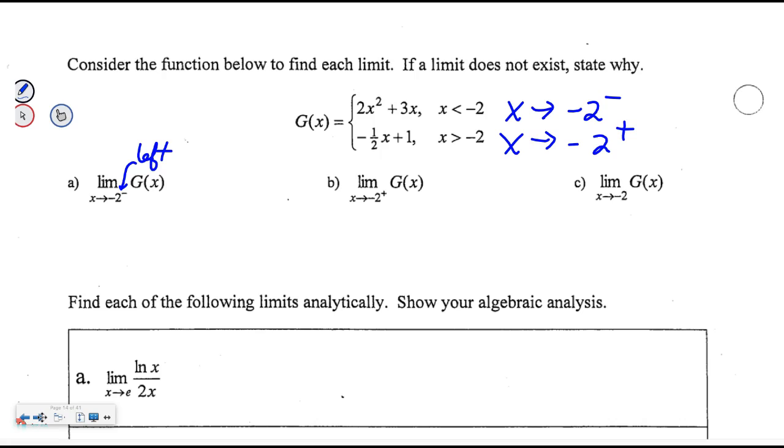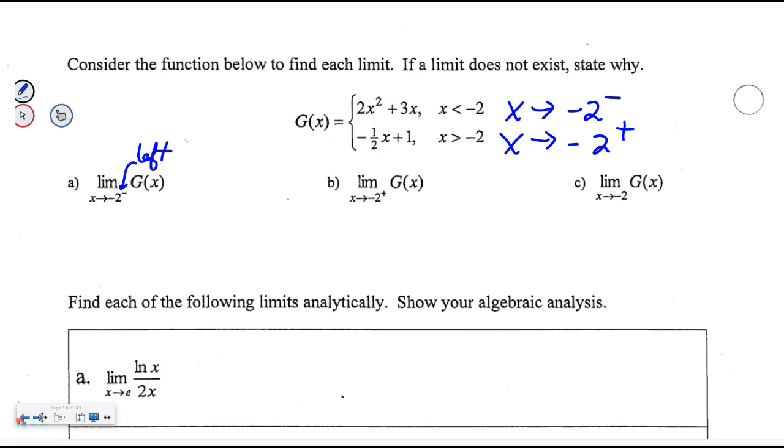What's going to have to happen for part A coming in from the left and part B coming in from the right for me not to write D and E? Same. It's going to have to be the same number, right? Because we have to end up in that parking lot, even though it doesn't exist there. Jimmy John's is gone. -2 is not there. Agreed? So we have to make sure that we're coming in at the same place.